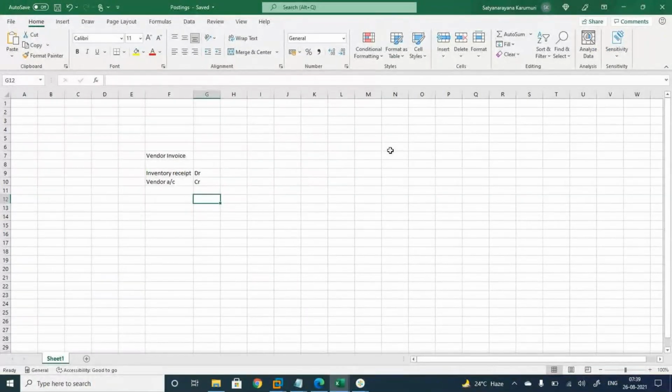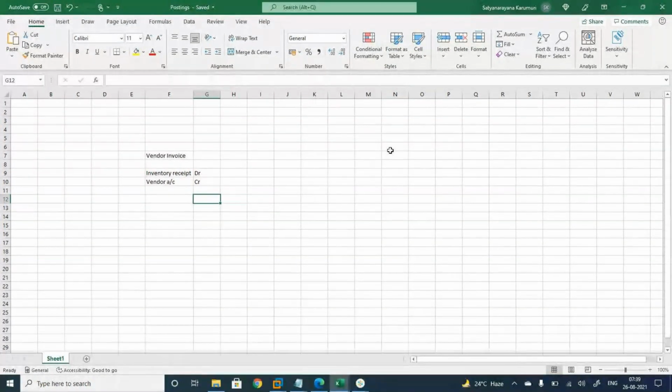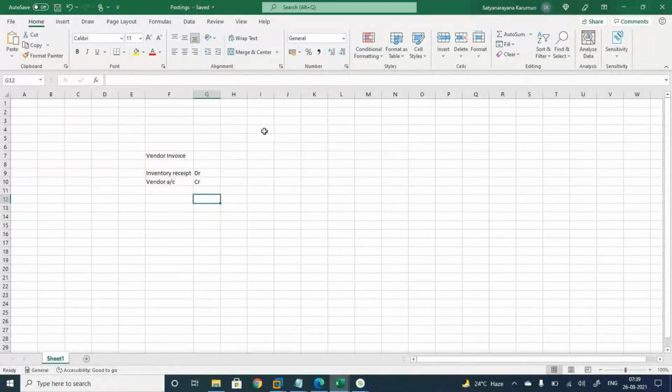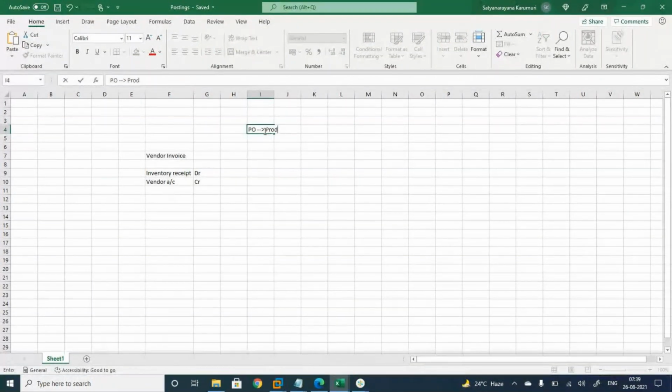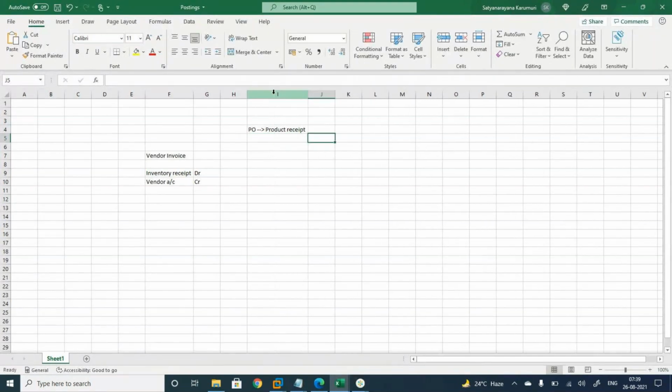Then he asked the stores department. In the system it is showing 18 crores, but physically it is 20 crores. What happened? Then they gave an explanation: we created a purchase order and did the product receipt for 2 crores, but the invoice is not received.